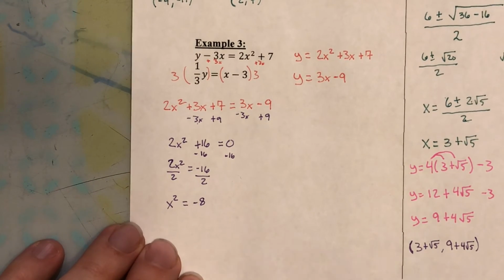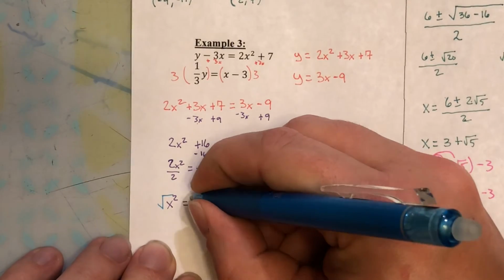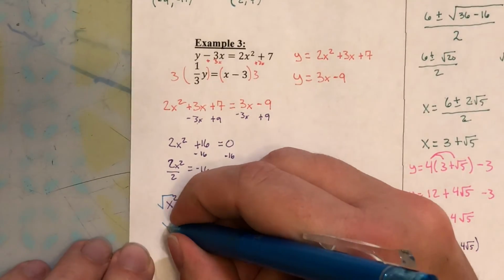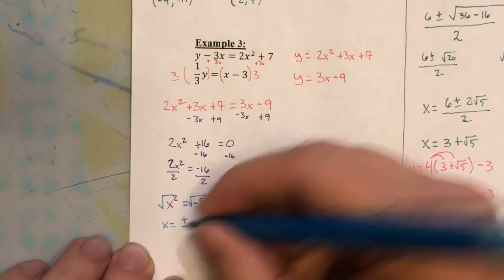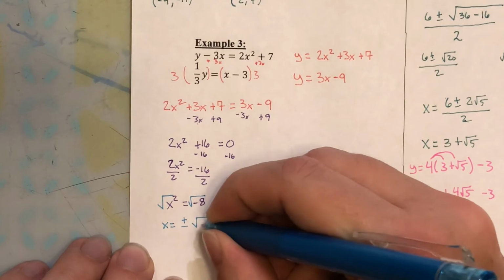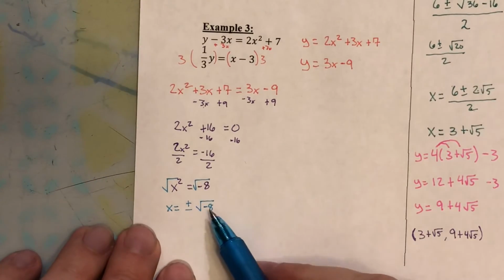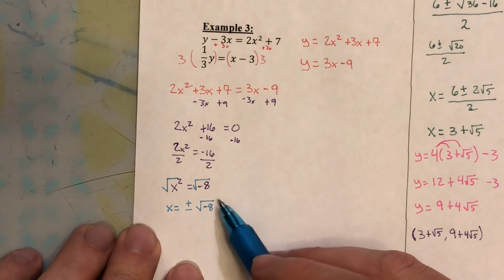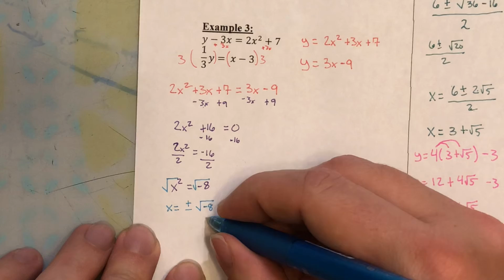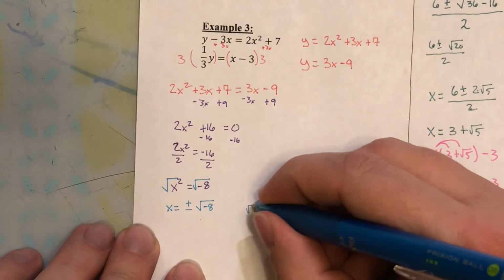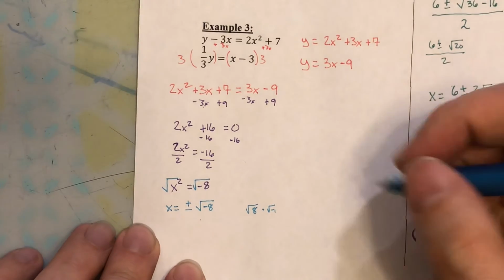So I can take the square root of both sides. And I get x equals positive or negative square root of negative 8. Square root of negative 8, I want to get rid of that negative, so it is the square root of 8 times the square root of negative 1.